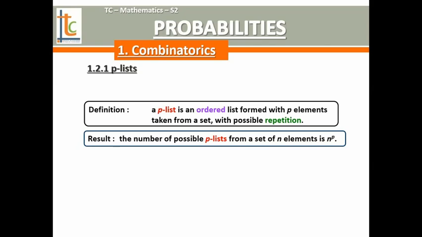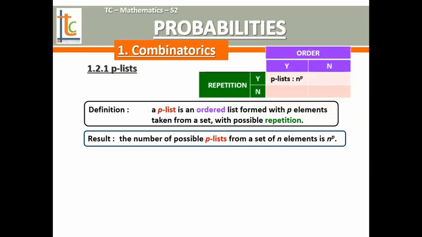So you can say n power p if you want. Let's put this first example and this first result into a table, so that we take all the possibilities into account. So if both answers are yes, you are in p-list and you have to calculate n power p.